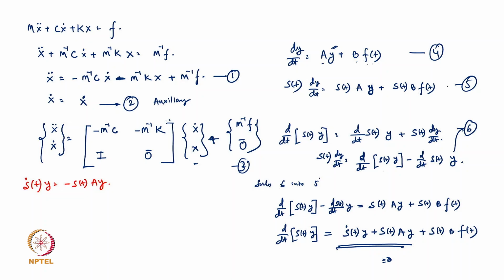Now forget about y. y is just multiplied on both sides. So if I just forget about y, then I am left with this: S dot t should be equal to minus S(t) into A. What type of function can it be?